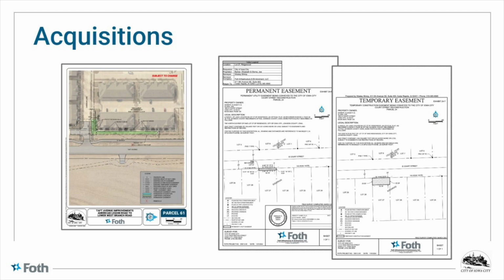And then there's 2 permanent easement plats that you see there. Those are just a little more of the formal side of things. Our surveyors pull those together. They provide a little more information on the dimensions and exactly what you're being compensated for and what we need to construct the project.